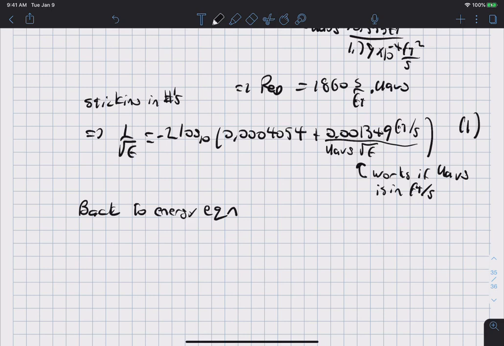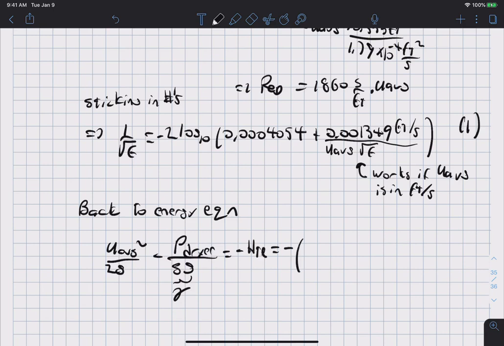So we have U averaged squared over 2g minus the dryer pressure over rho g, which is just gamma, equals minus the total head loss.